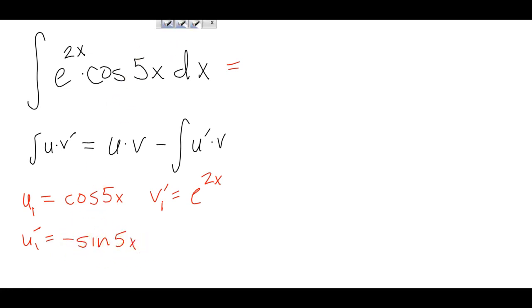So I'm going to have to do the chain rule, and that'll make a negative 5 out front. And then v would be the antiderivative of this. Well, because of that 2, I would have a 1/2 e to the 2x.